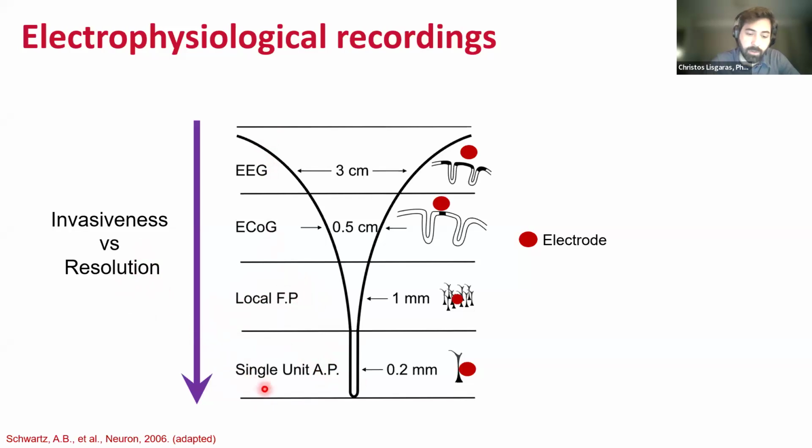So obviously, if we would like to record single unit activity, we need to be very close to the neuron to capture their firing. But if we are more interested in global activity, we can record either EEG or the ECoG. So there are many different approaches depending on what we would like to look at.